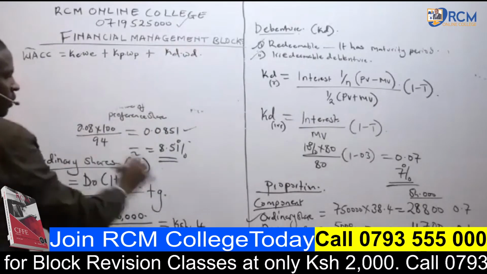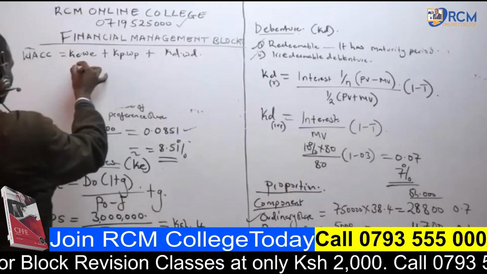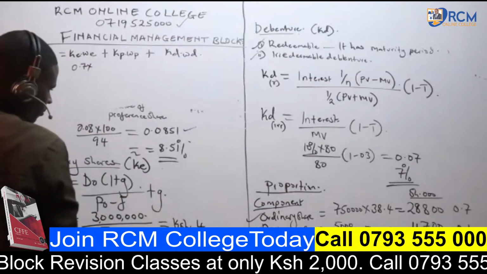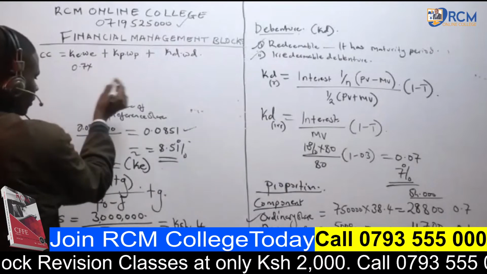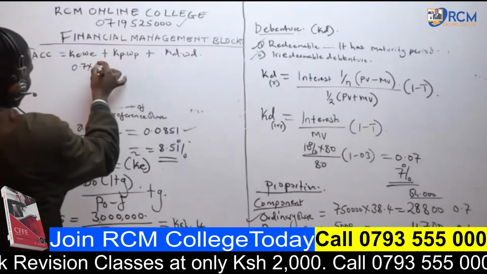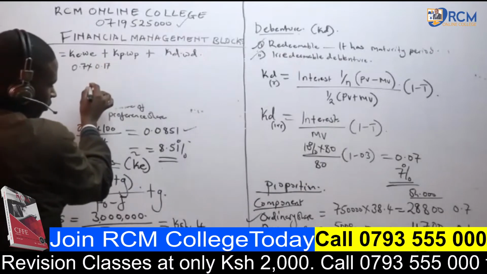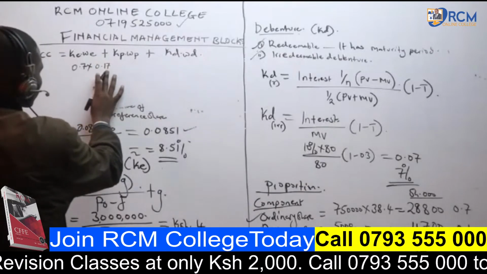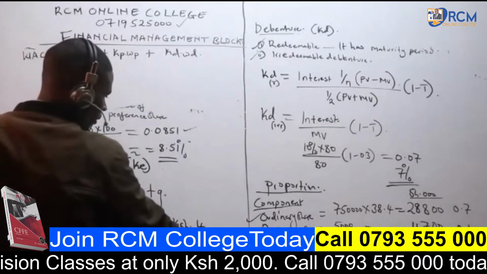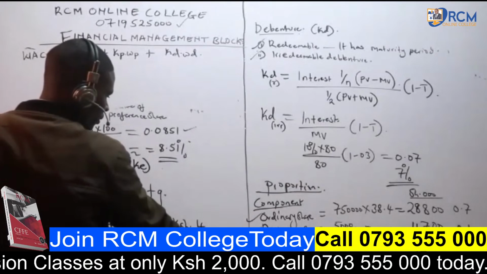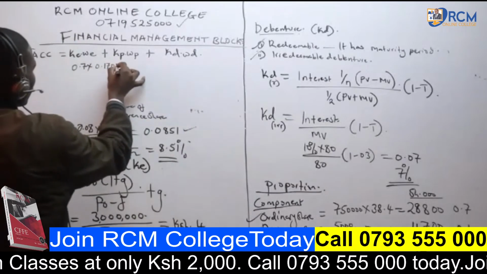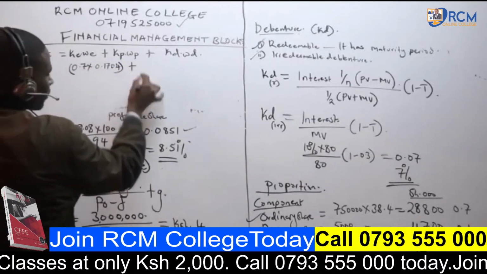And we have this one, 0.7 times, what was the cost of this? 17.04%. You can use 0.1704. Some people wrote it wrongly; it shouldn't be that, it should be 0.1704, plus cost of preference share.